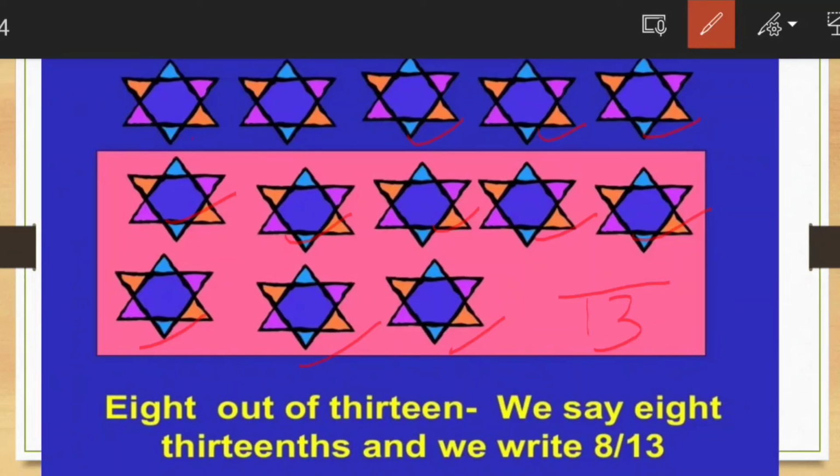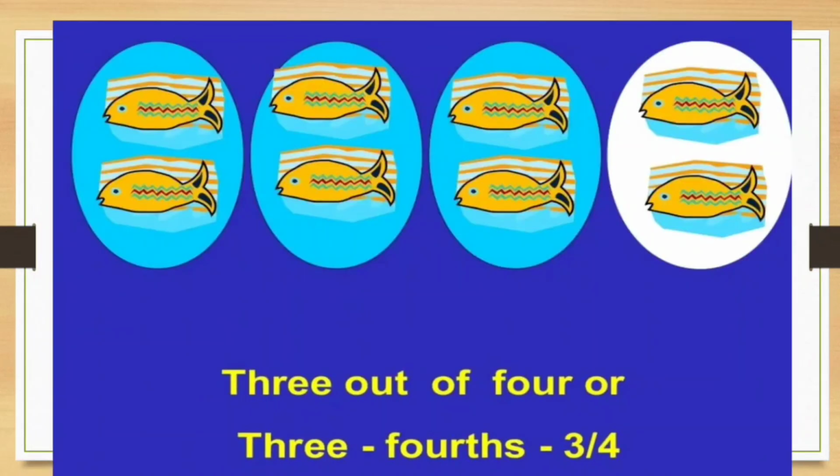Yes, some stars are kept in a pink color box and that shows a different look as compared to the other stars. So let's count. 1, 2, 3, 4, 5, 6, 7, 8. So what does my fraction become now? 8 upon 13.